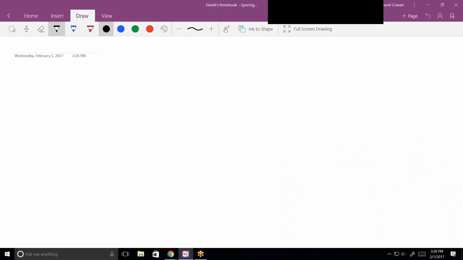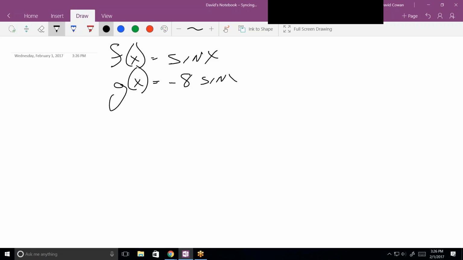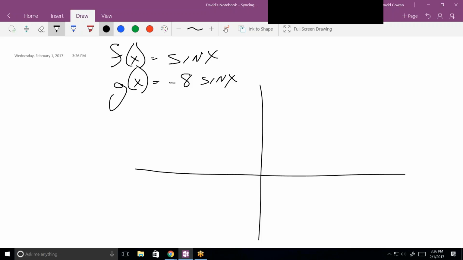The next one is f of x equals sine of x and g of x equals -8 sine of x. Notice how I determined two periods.